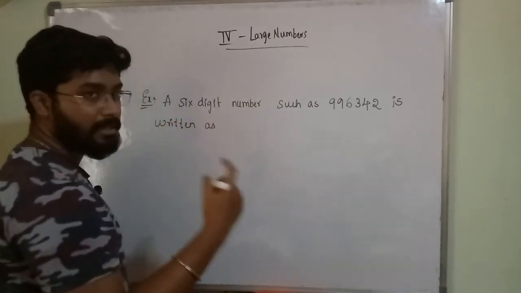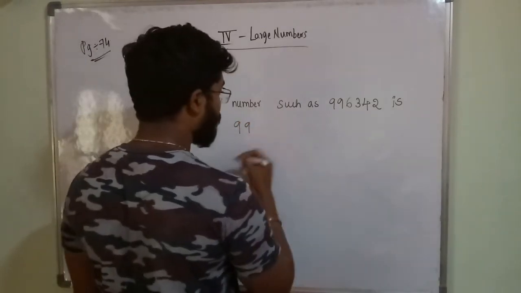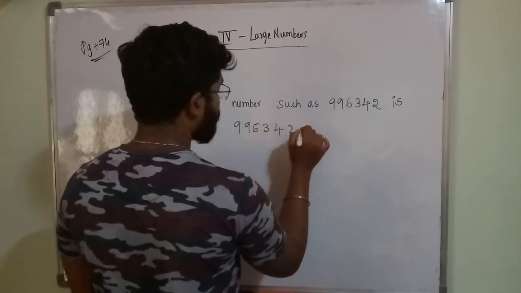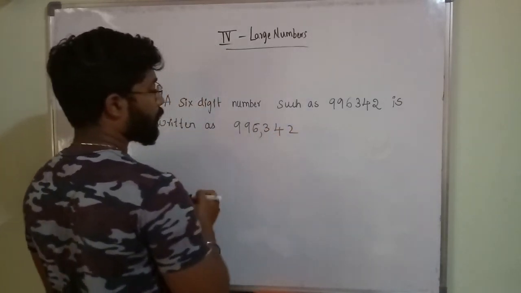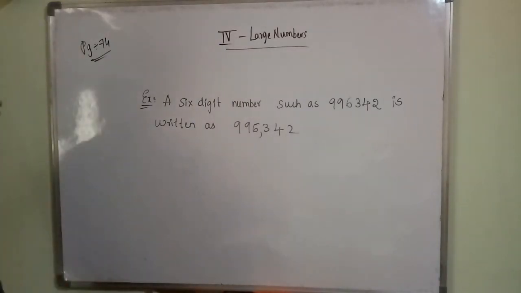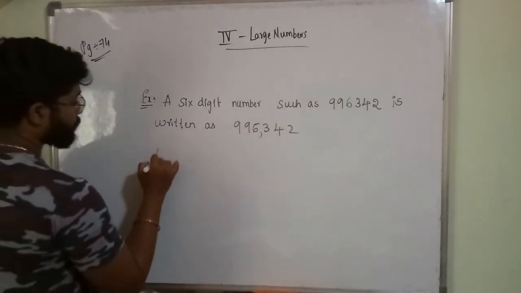For every 3 digits you have to put one comma, starting from right to left. So 1 2 3 comma. So this number is 996,342.